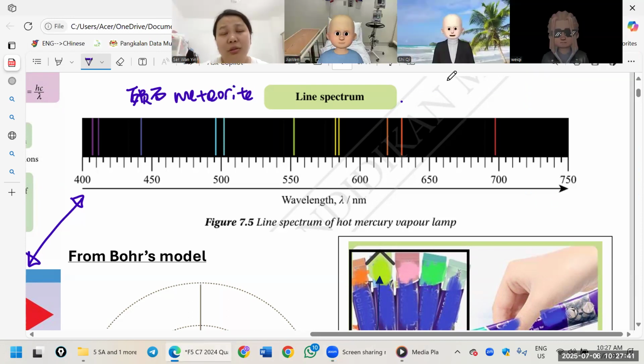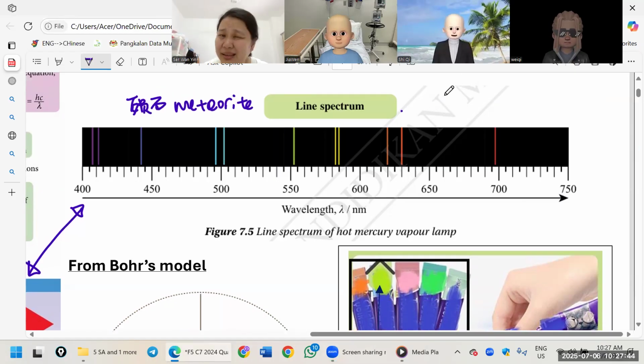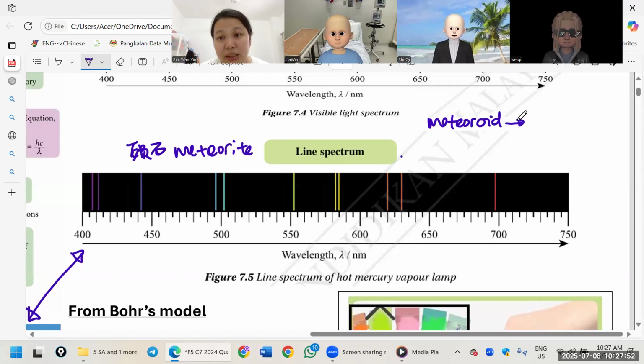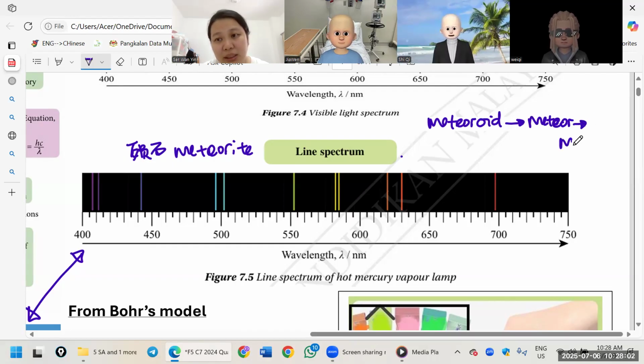It's from Chapter 11. When it's dropping on the earth, it's called a meteor. And when it drops on the earth, we call it a meteorite. Already on earth.